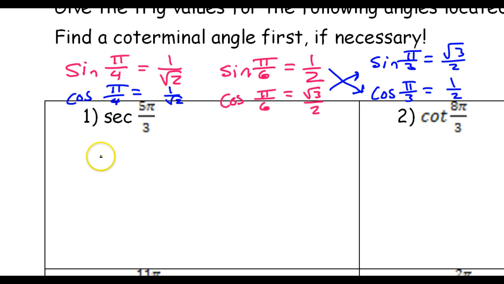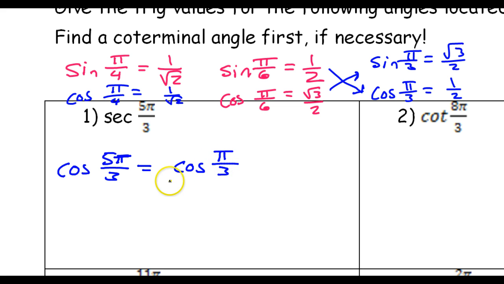Now, number 1, if we want to find the secant of 5 pi over 3. First of all, the secant is the reciprocal of the cosine function. So let's just start off by finding the cosine of 5 pi over 3. Okay? Now, the cosine of 5 pi over 3 is going to be the same thing as the cosine of the reference angle pi over 3, except for the sign.